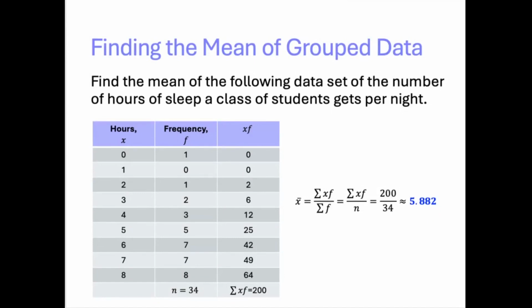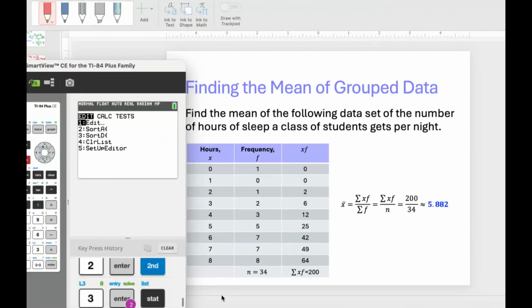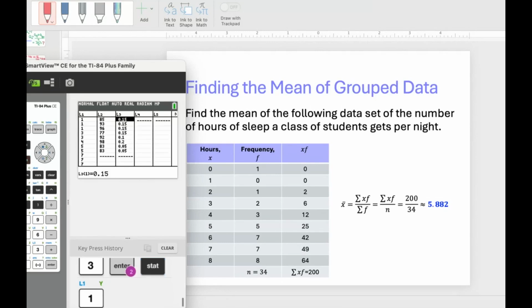Now let's see how that looks in the calculator. I'm going to go into edit, and that last example, I believe I'm also going to use in my next video for measures of spread.